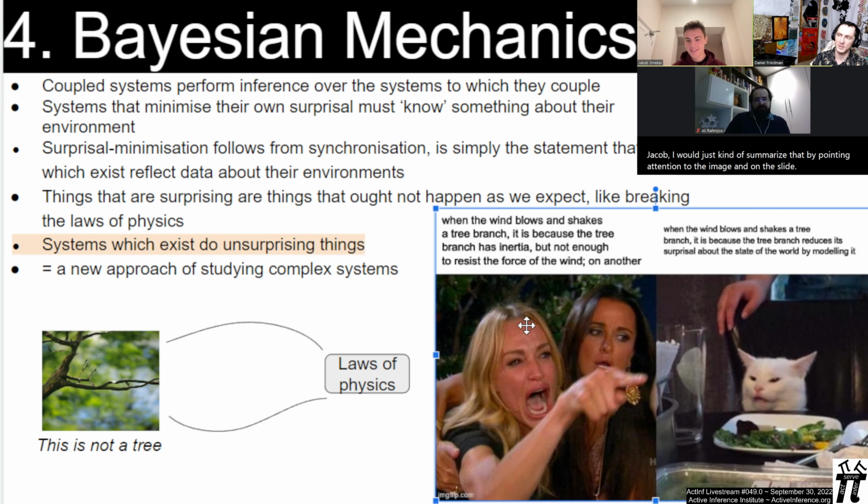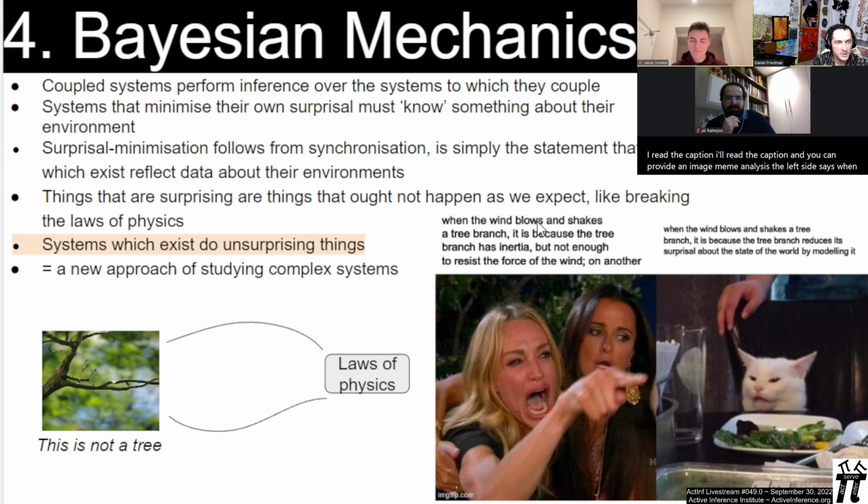I'll read the caption and you can provide an image meme analysis. The left side says, when the wind blows and shakes a tree branch, it is because the tree branch has inertia, but not enough to resist the force of the wind. And then on the right side, it says, when the wind blows and shakes a tree branch, it is because the tree branch reduces its surprisal about the state of the world by modeling it.